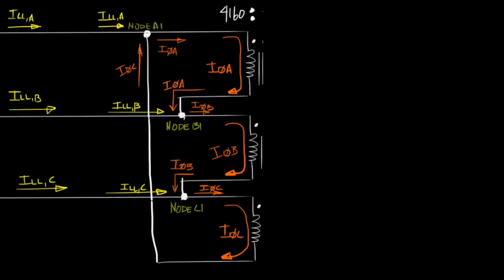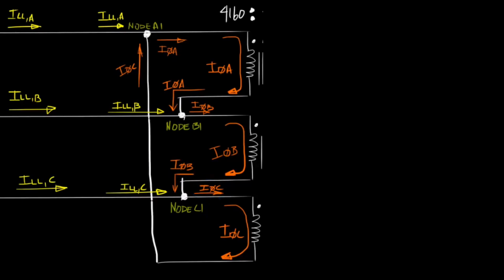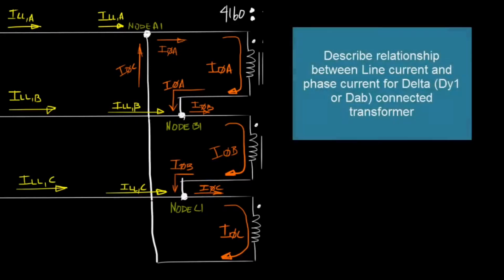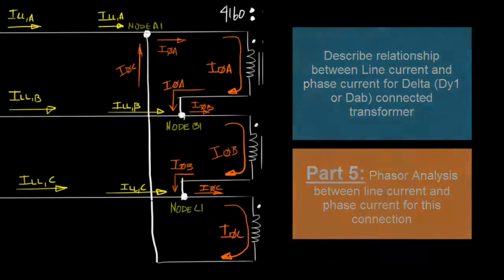And for node C1, line current C plus phase current B is equal to phase current C. Line current C and phase current B are flowing into node C1, but phase current C is flowing out of node C1. And that, my friends, is how we describe the relationship between line currents and phase currents for the delta transformer connection. We'll continue this relationship and perform phasor analysis in part 5.